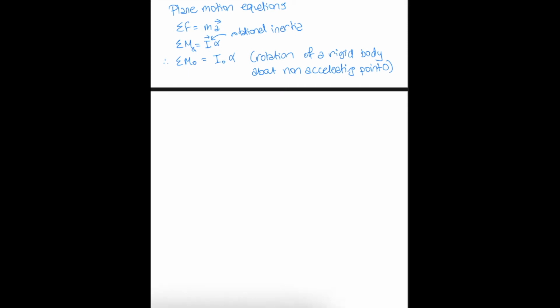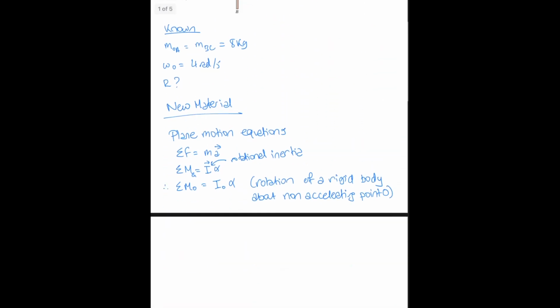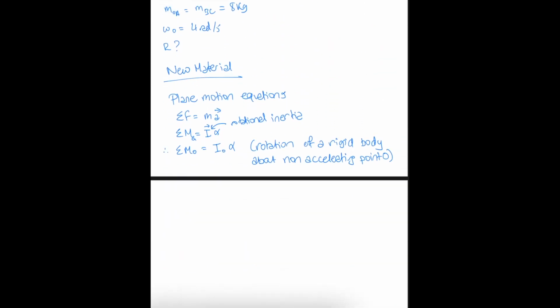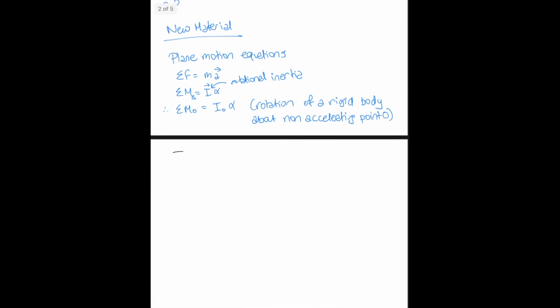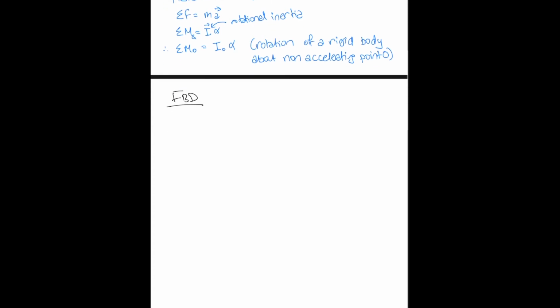Now, let's get back to our problem over here. We're going to draw a free body diagram. This is our rod OA, and this is BC.